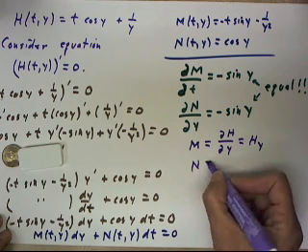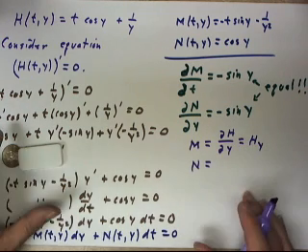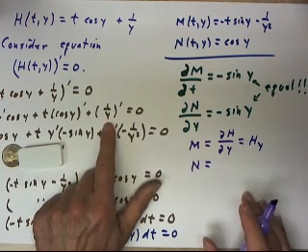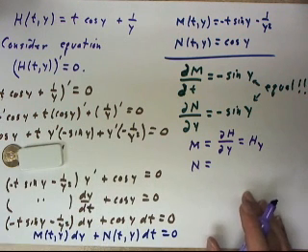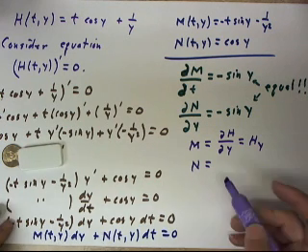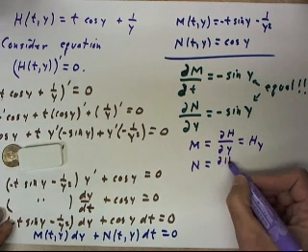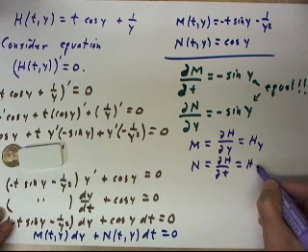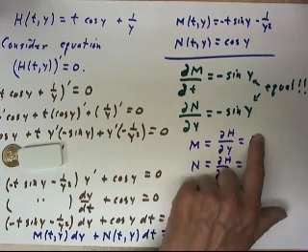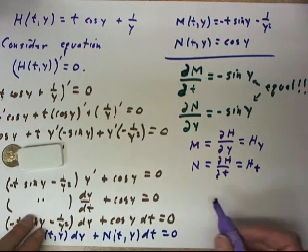And N, what is N? Well, N is obtained when we multiply through by dt, and it turns out that N is the partial of h with respect to t, which is h sub t, written in slightly shorter notation.